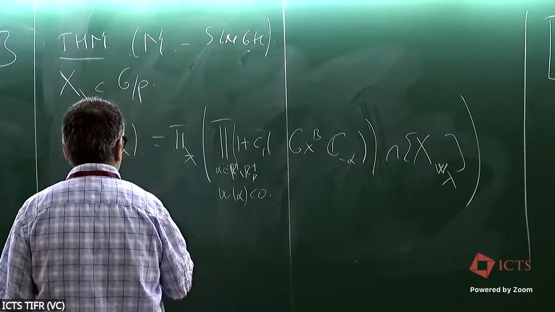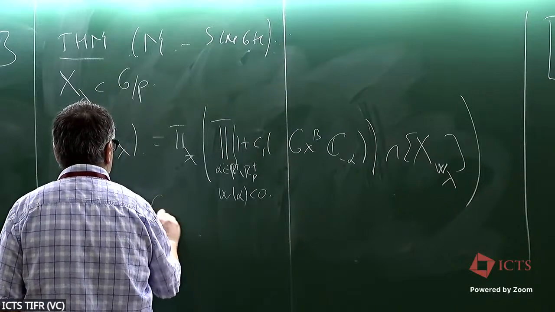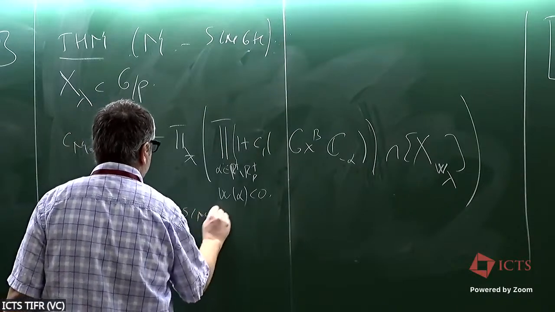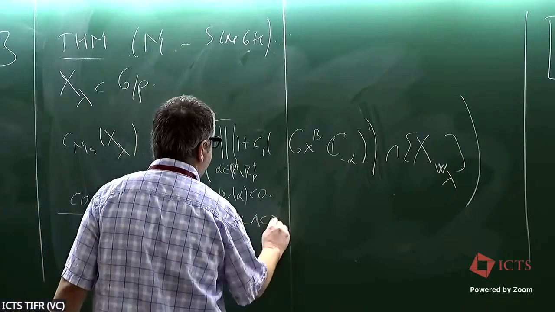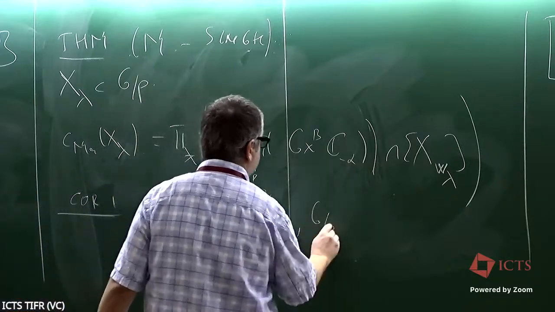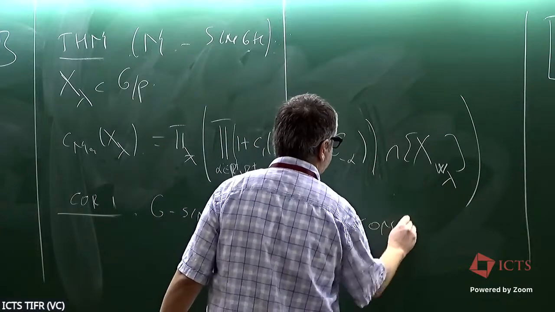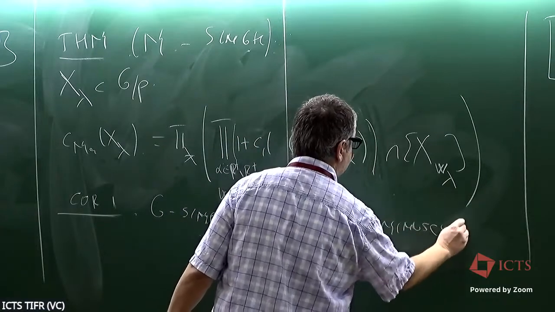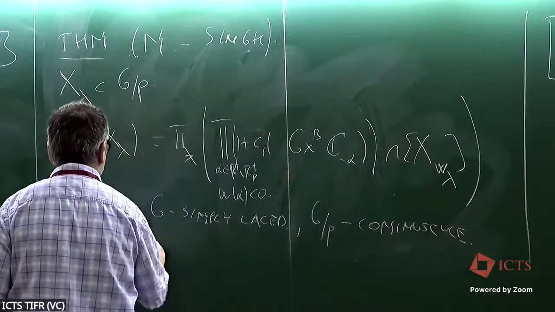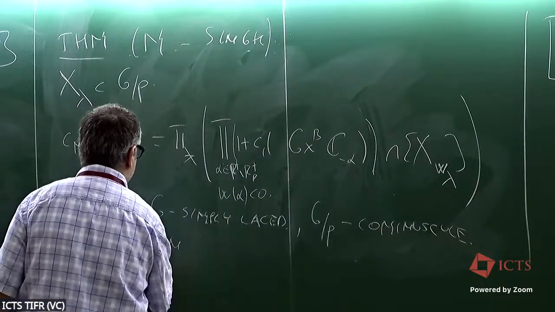and you obtain the following corollary: let's say that G is simply laced, and G mod P is cominuscule, in other words, the minuscule one. Then two things happen.